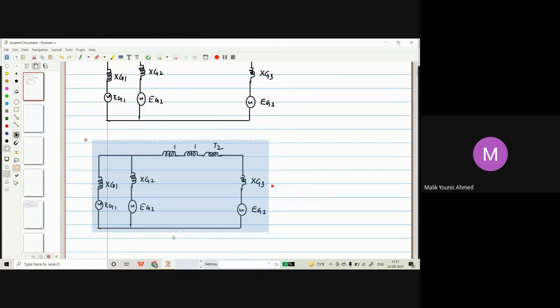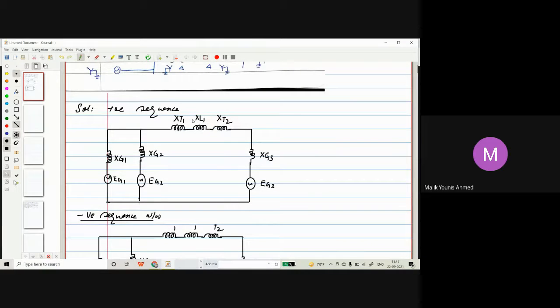So for negative sequence, I have told you what has to be done. We have to draw the negative sequence network. This is a negative sequence network, and this is a positive sequence network. The positive sequence network is this one.